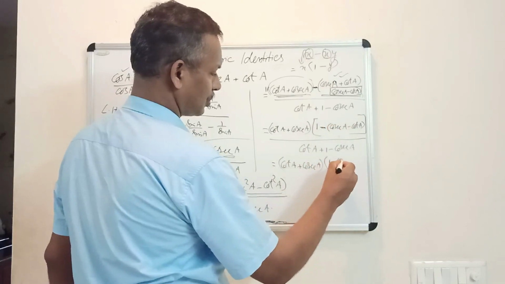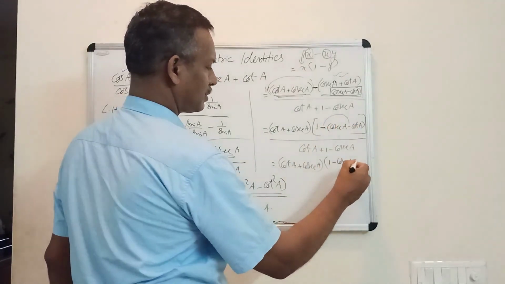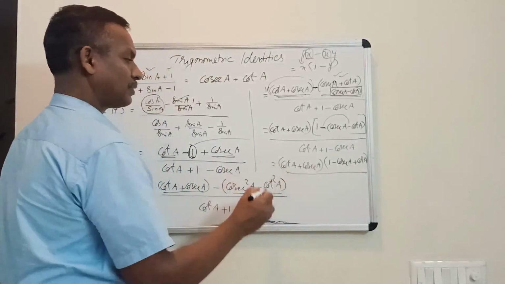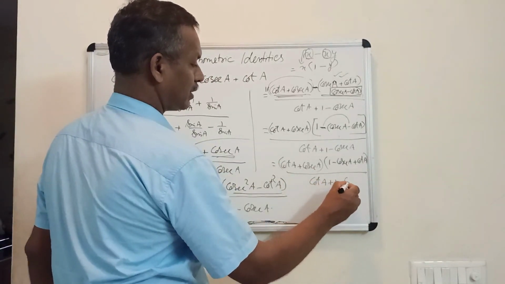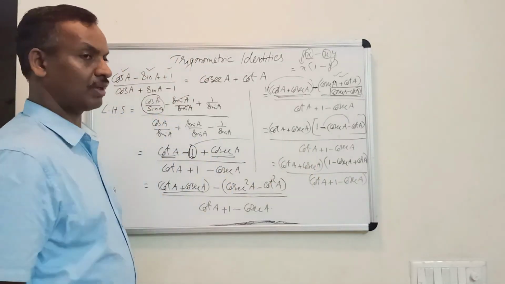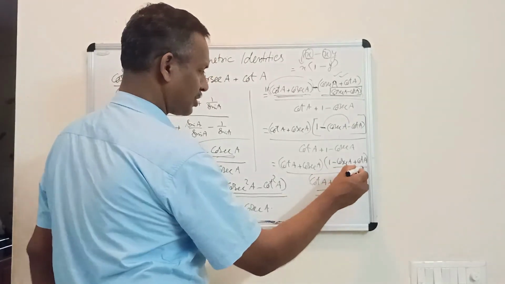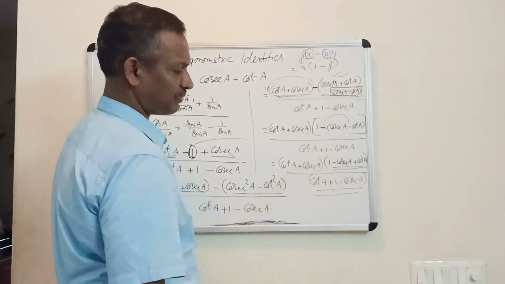1 minus cosec A. This minus minus will become plus cot A, over cot A plus 1 minus cosec A. In the denominator we have done nothing. And this denominator and the second factor in the numerator are perfectly the same, only the order is shuffled.